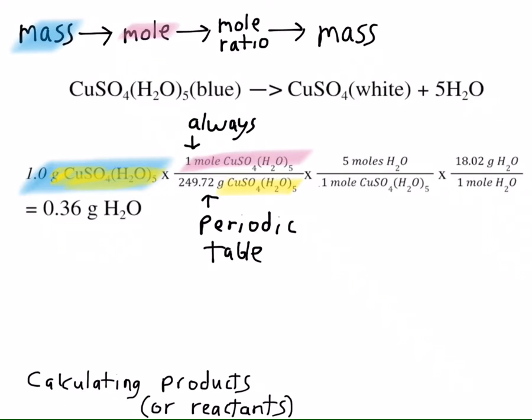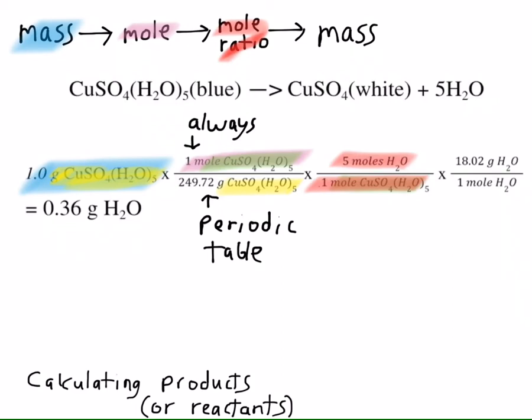Okay, so then before we even do the next step, whatever unit is in this step here always goes on the bottom of the next fraction to cancel out. So that whole unit, exactly the same. Okay, and then the next step is mole ratio.